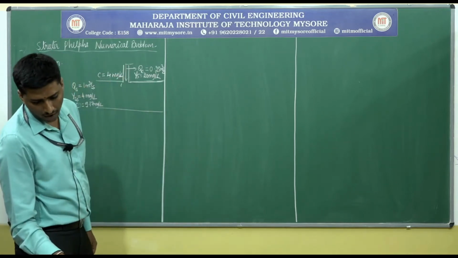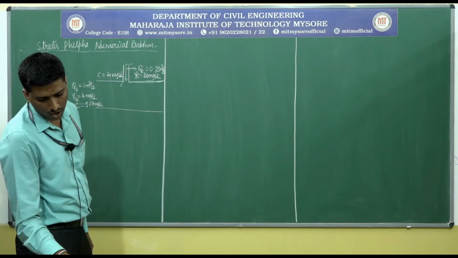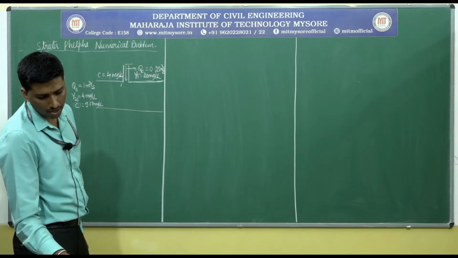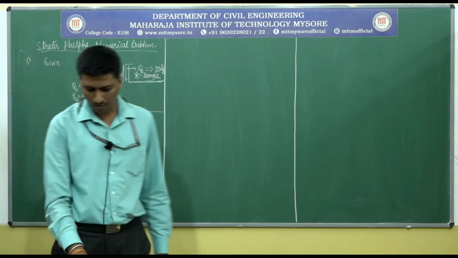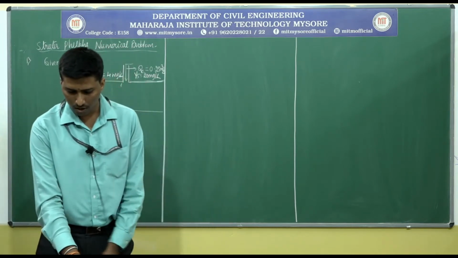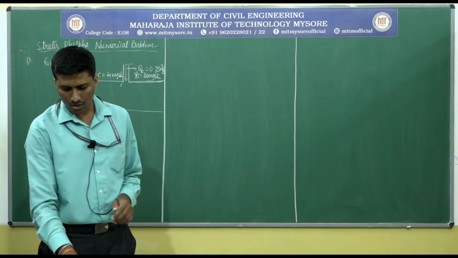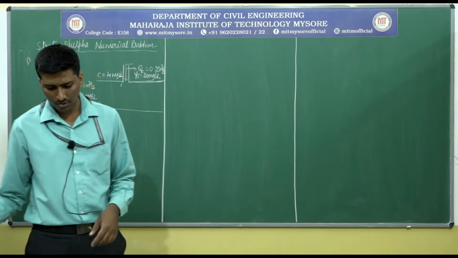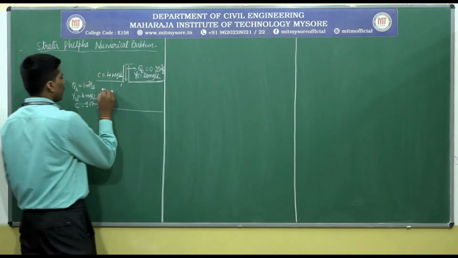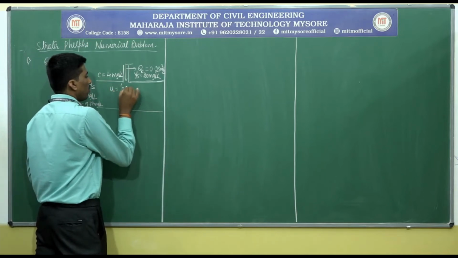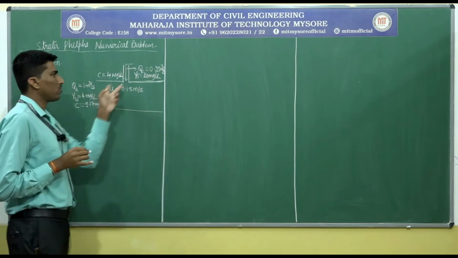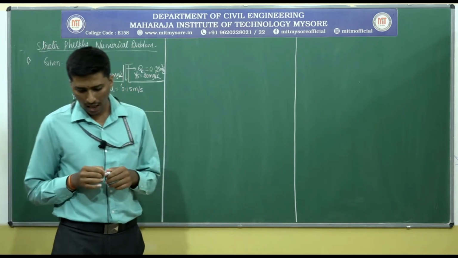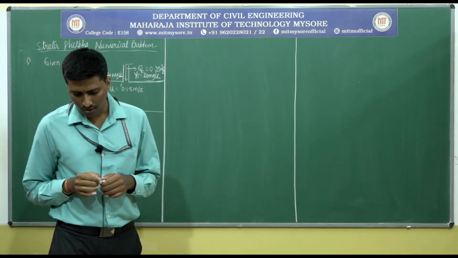Next, the average velocity of flow is the velocity that you need to use here. The velocity of flow is given as U equal to 0.15 meter per second. This is the average velocity.